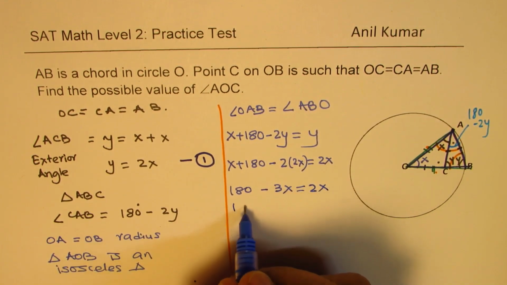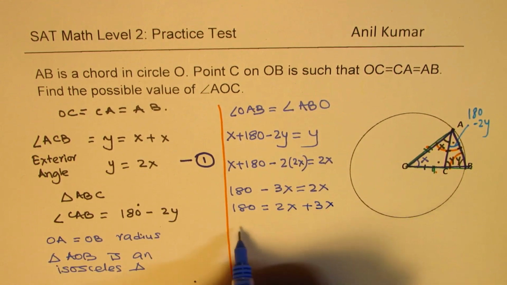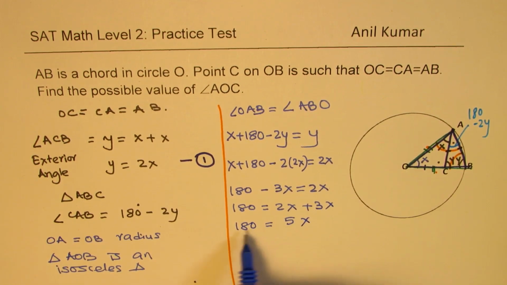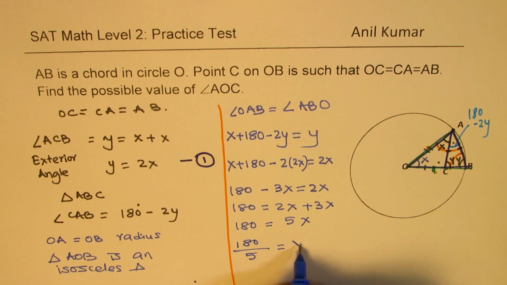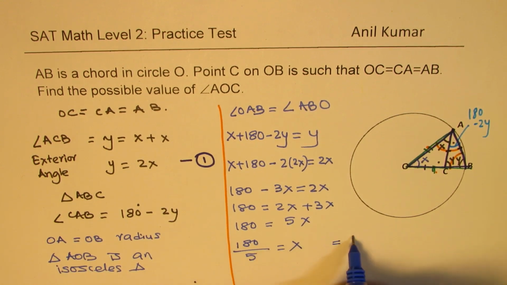Taking it to the right side, we get 180 equals 2X plus 3X. That gives us 180 is 5X, and dividing by 5, we know what X is. So 180 divided by 5 is 36 degrees.